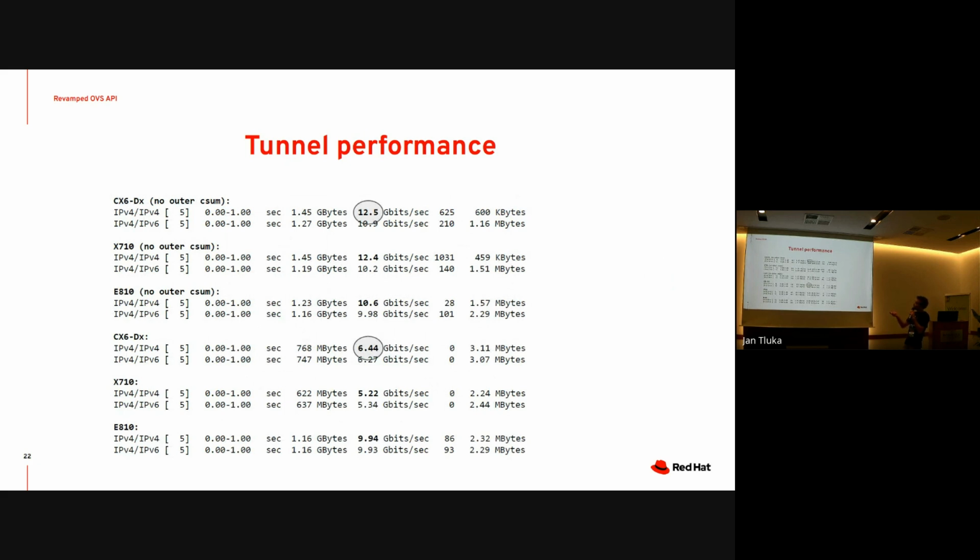But overall, the three types of NIC got similar performance. But what is interesting is when I enabled outer UDP checksum on the tunnel header, I suddenly saw a large decrease in performance for ConnectX-6 and for the E7 NICs.